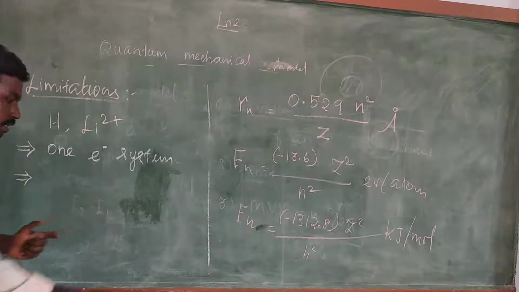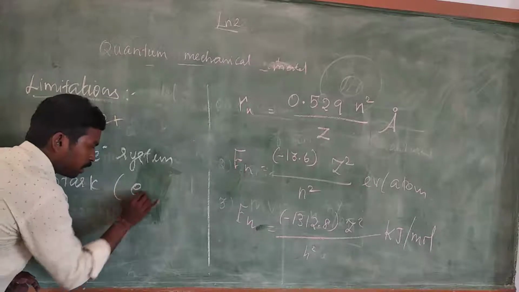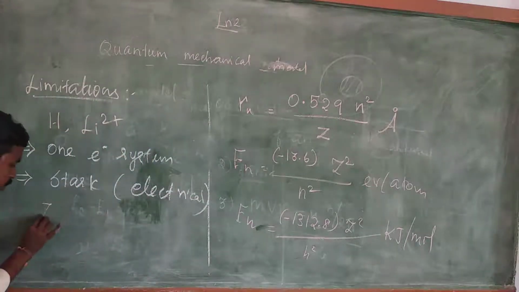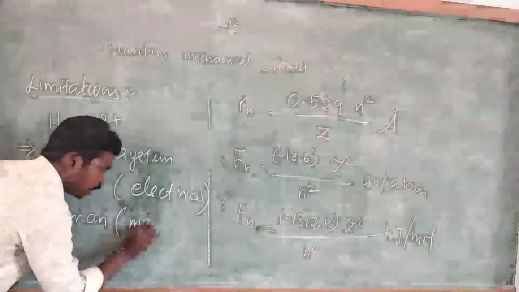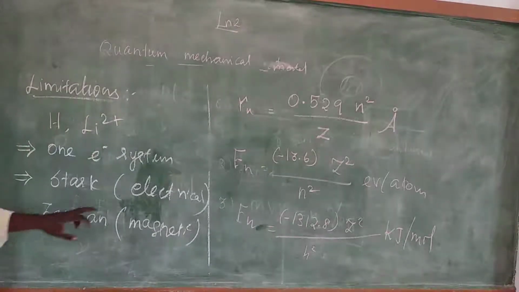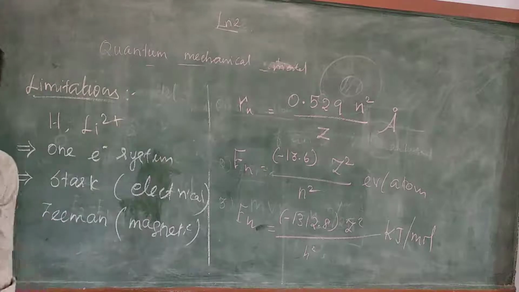Splitting in electric field is called the Stark effect. Whereas the Zeeman effect is the splitting of spectral lines in magnetic field. About these two terms, Stark and Zeeman, no explanation is given by Niels Bohr.